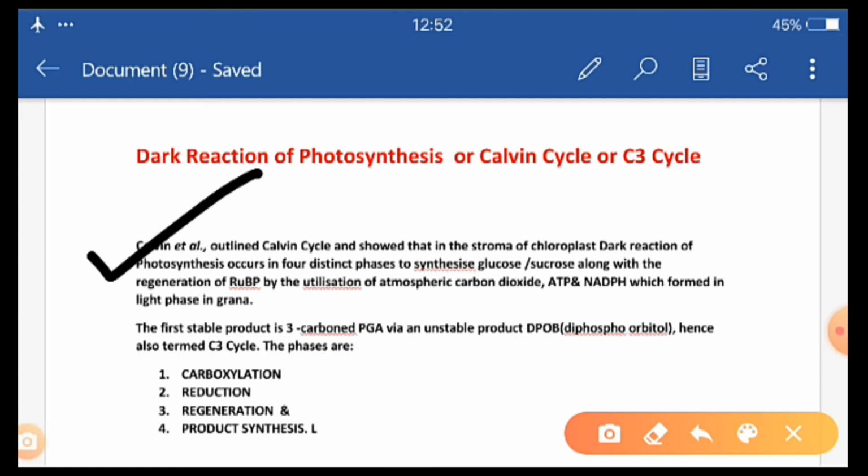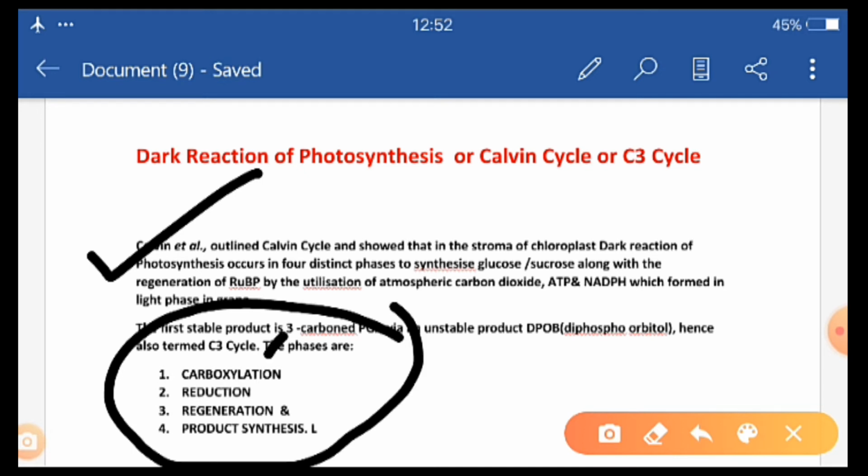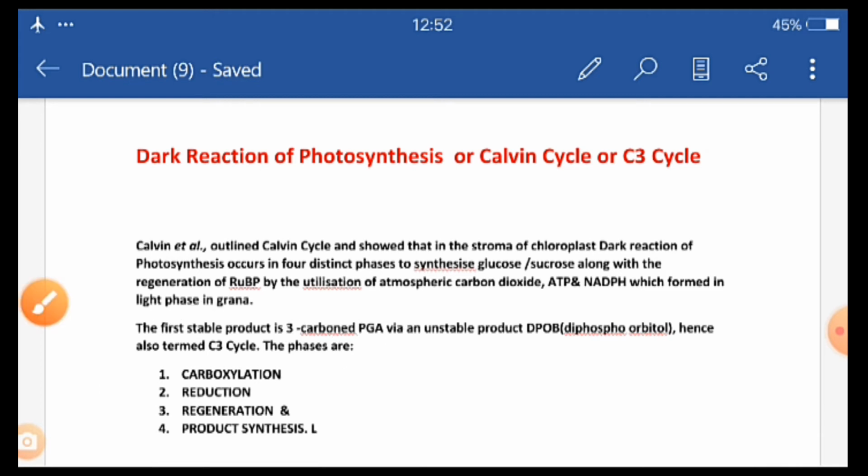And on the basis of the different types of reactions, the whole process is divided into 4 phases, and these are carboxylation, reduction, regeneration, and product synthesis. Okay, let us see.